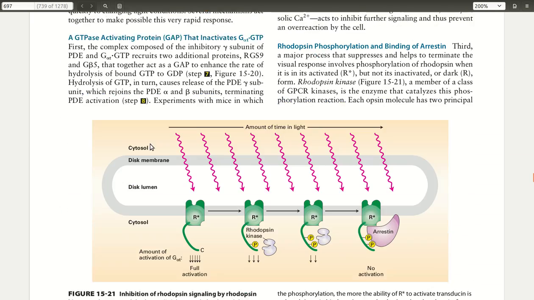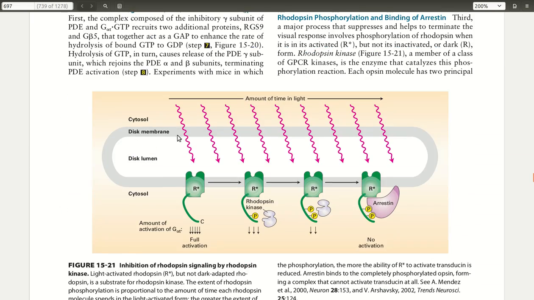Also, there's this right here, this diagram showing that depending on the amount of time that these receptors spend in light, they could be inhibited by these rhodopsin kinases.